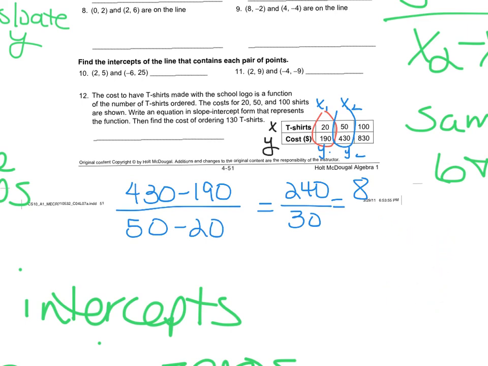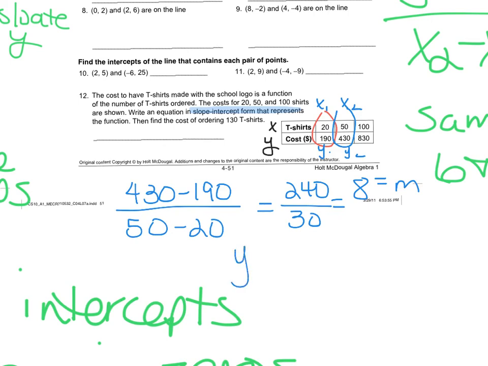Now, because it asks for slope-intercept form, I'm now going to put it in point slope. This was my m. I don't care which ordered pair you use for point slope, because once we distribute, we all get the same answer for slope-intercept.